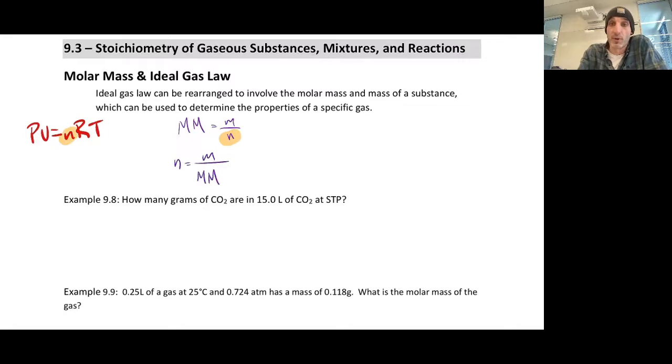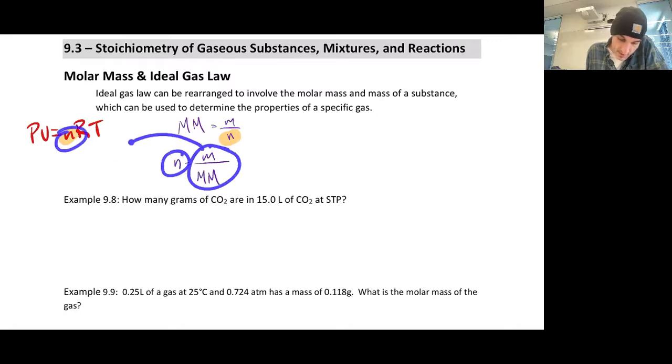So now if I know the mass of a gas and I know what type of gas, I can include that in there. So I'm going to substitute this in, so n is equal to n. I'm simply going to take this and substitute it in, and we get a new equation.